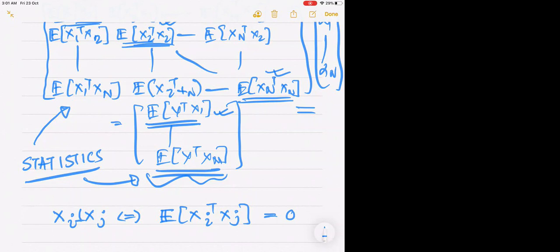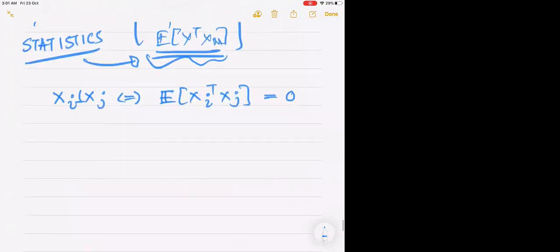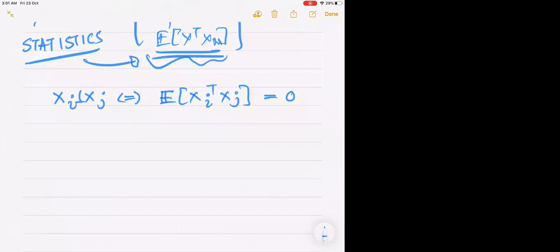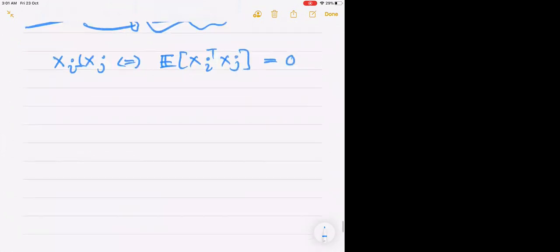Because x1 up to xn in general need not be orthogonal, that's why I have to solve this equation. But what people have noticed, what in fact Wiener had noticed long back, 1960s if I'm not mistaken, or perhaps earlier than that, is the fact that even though these are not orthogonal to each other, one can do Gram-Schmidt, no, and make them orthogonal.